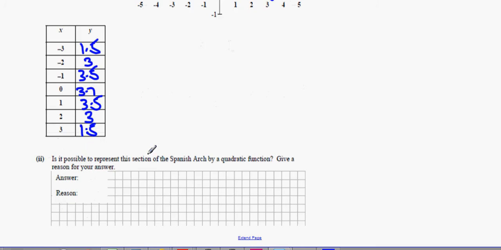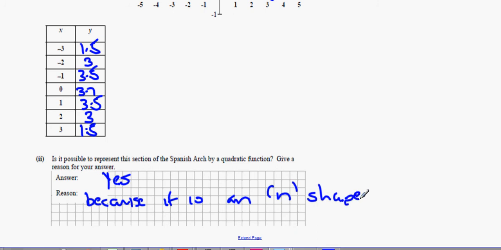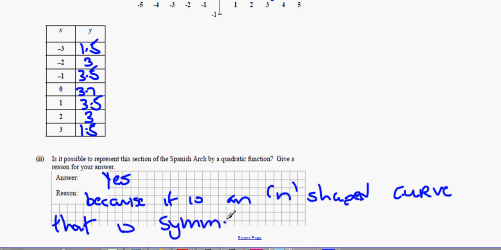Now, is it possible to represent this section of Spanish Arch by a quadratic function? Give a reason for your answer. Yes, because it is an n-shaped curve that is symmetrical, or the same, around the y-axis.